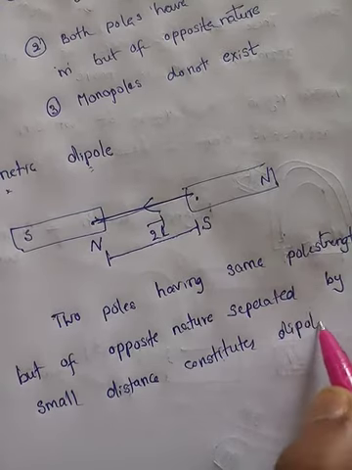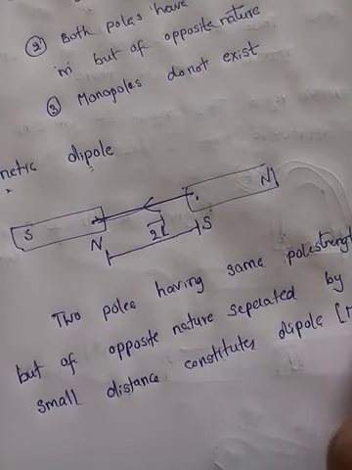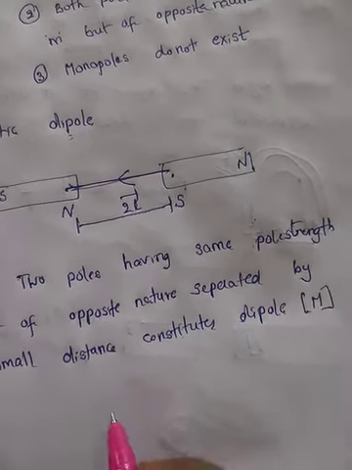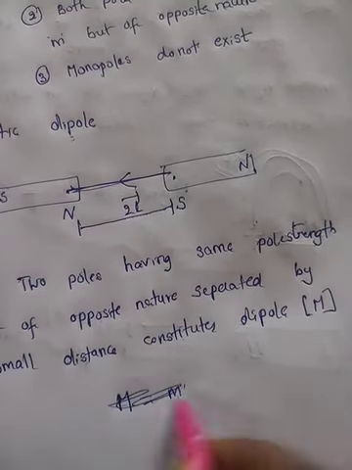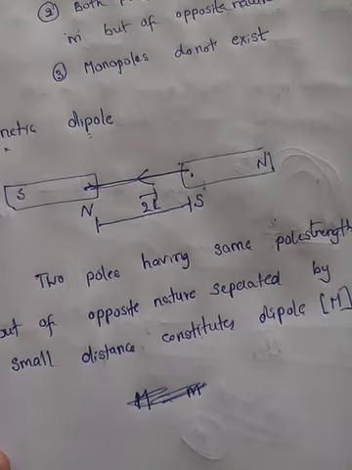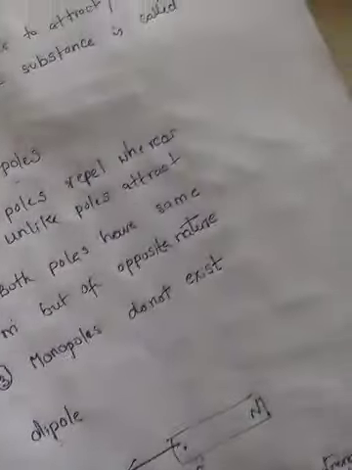That is called what? Magnetic dipole. That is represented by M. Now we can define the same thing.